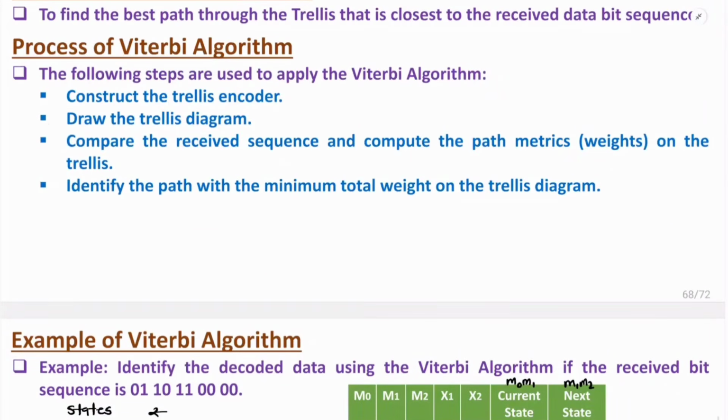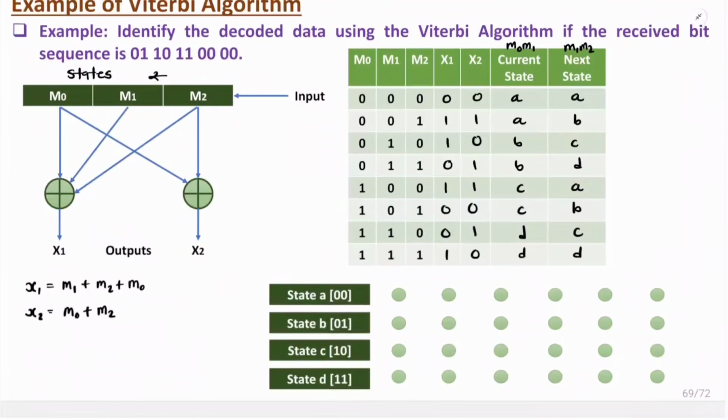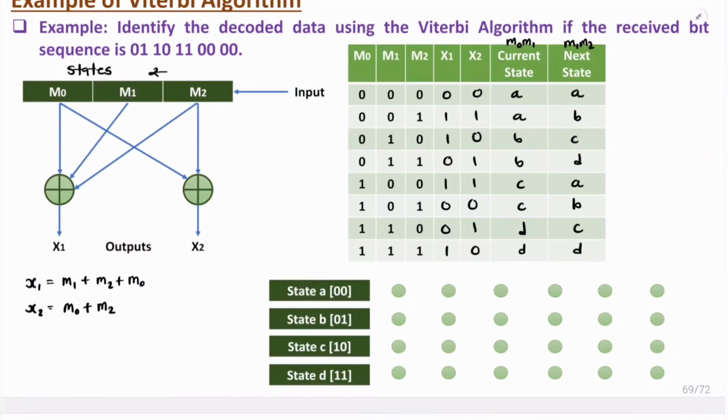See, second step is to draw trellis diagram. So now let me explain how to identify trellis diagram. See, in trellis diagram, here we need to write state A, state B, state C, and state D. Here I have mentioned dot with state A, B, C, and D. If you observe here received bit sequence, that is 0, 1, 1, 0, 1, 1, 0, 0, 0, 0.